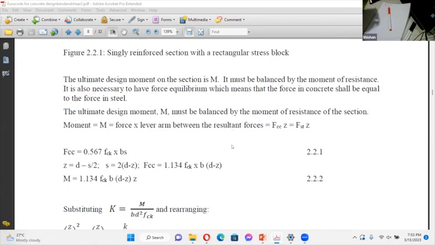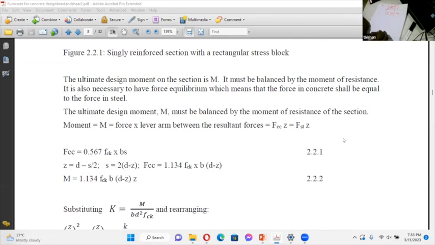So basically we have a situation where we have concrete in compression, steel in tension, and we have a neutral axis at a depth of x, and so we have a force Fcc, and we have a force Fst.